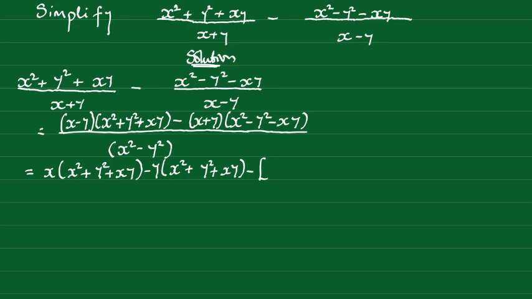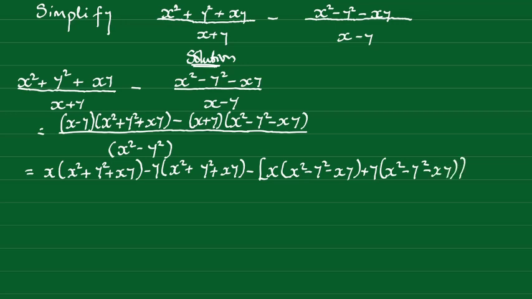We also see x again, multiplying (x squared minus y squared minus xy), and plus y doing the same: plus y (x squared minus y squared minus xy).